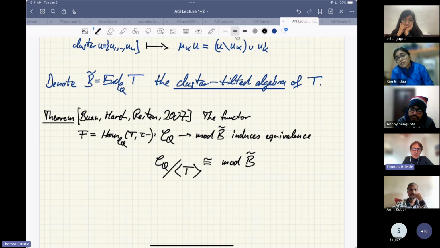I factor by the ideal of all morphisms that go through T or something like this. But in terms of indecomposables, I really delete T. So let's say add T. You're more comfortable if I write add T here. Okay, that's good.